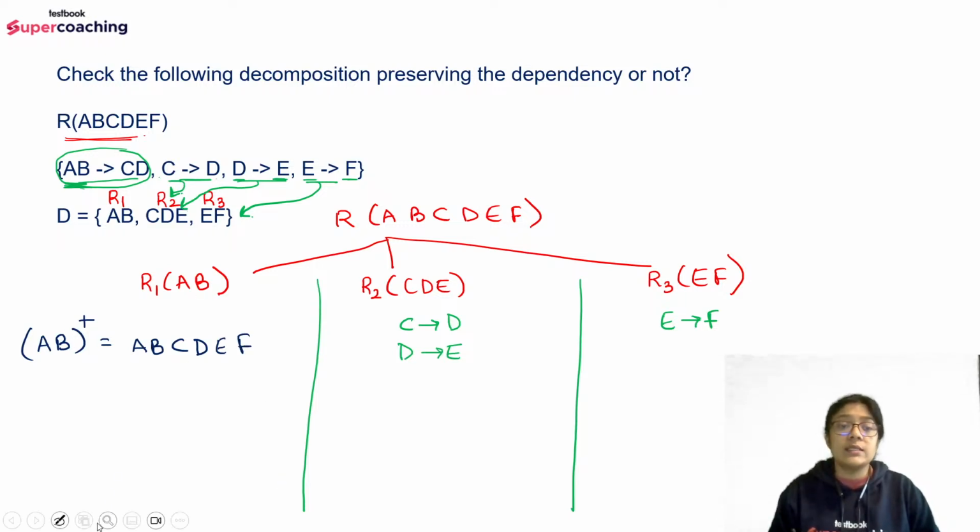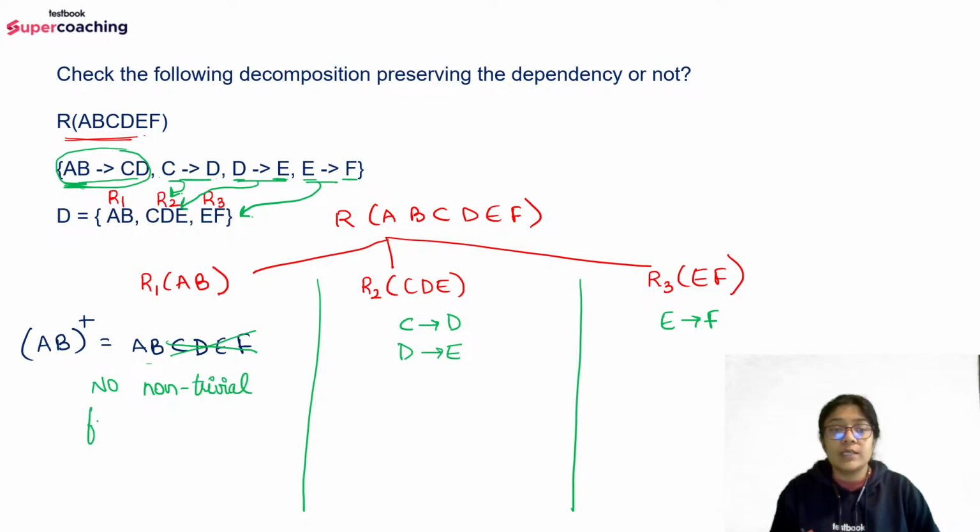But in the subrelation R1, we are just having two attributes, so we will be discarding all these four attributes. Now AB closure is determining AB, and from here is any non-trivial functional dependency coming? We are not getting any non-trivial functional dependency. No non-trivial functional dependency is possible for this case.